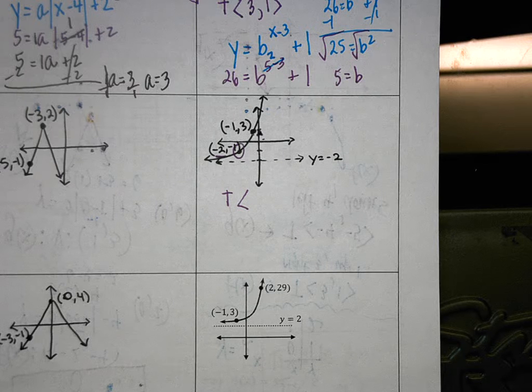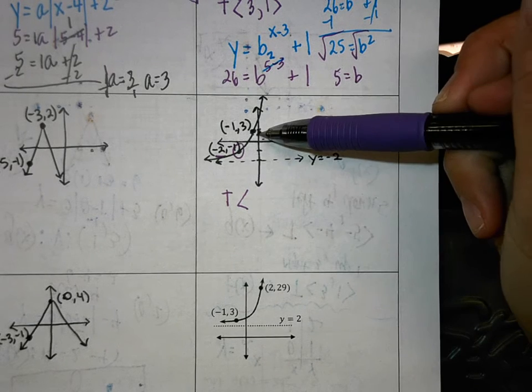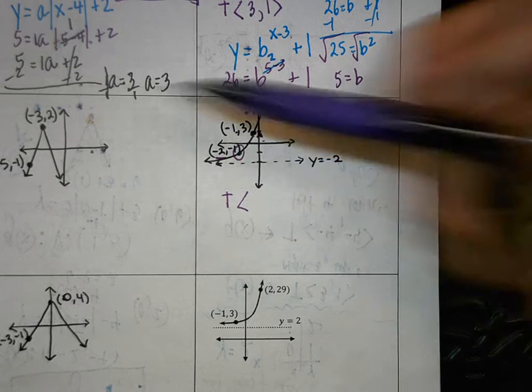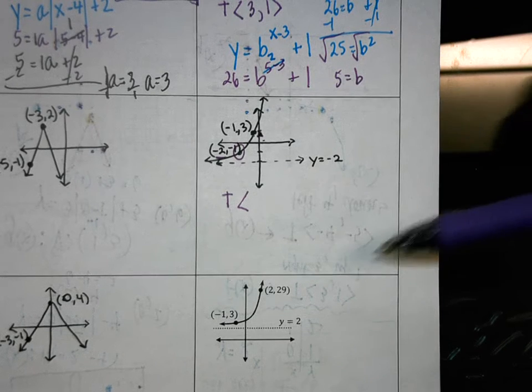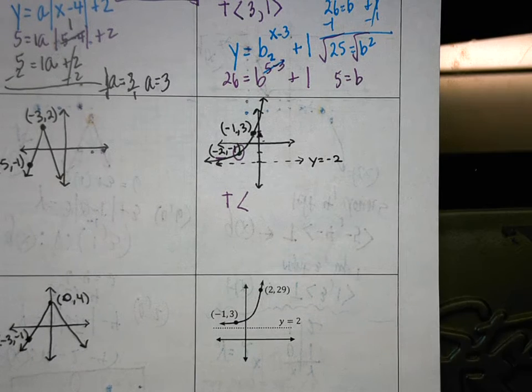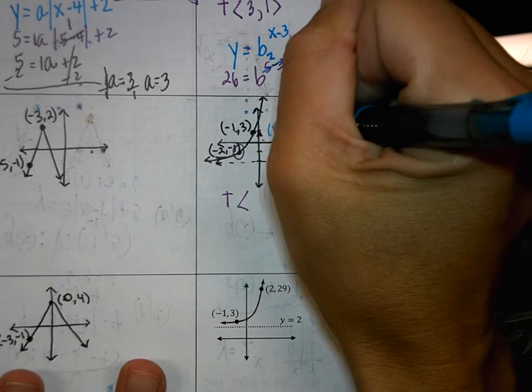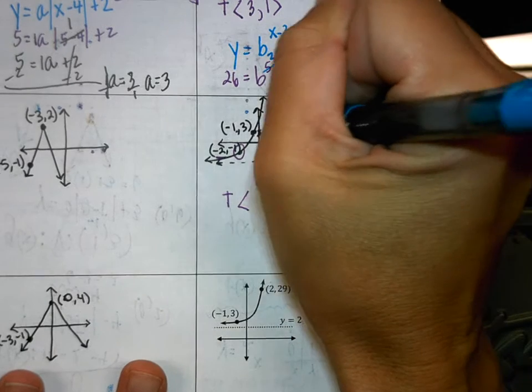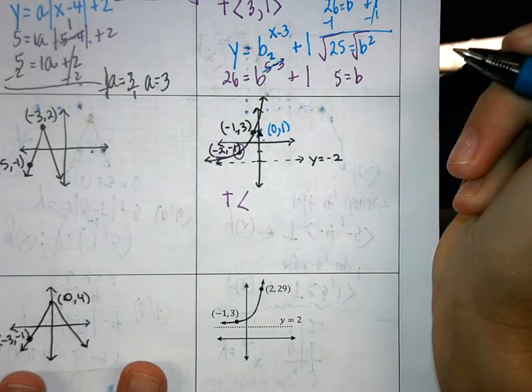See if you can write that translation. So what happens here? How many does it go? In what direction? Okay, this is at 0, 1, where this little x is, where I normally start.